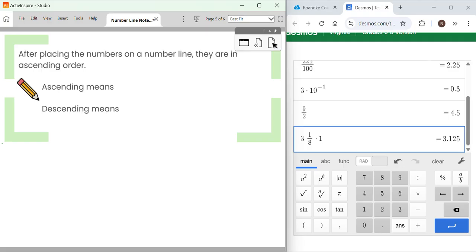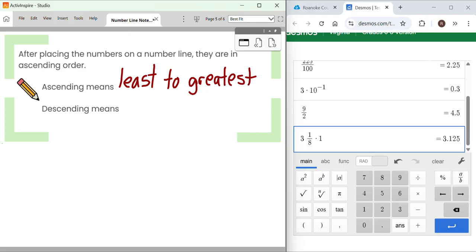This one says, after placing the number on a number line, they are in ascending order, okay, which means least to greatest, all right? So ascending means least to greatest, and there's a couple of ways to remember this, and I'll show you in a second.